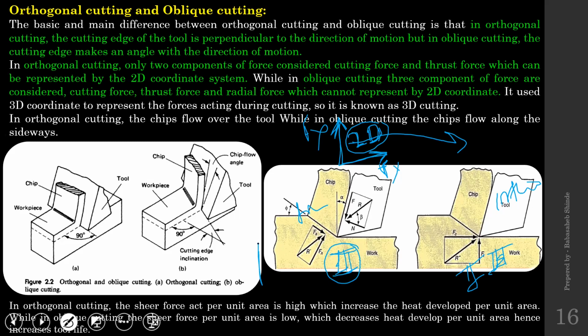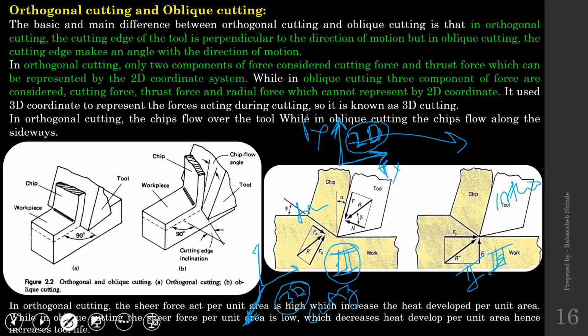So along with x and y, we need to take the help of a third force. So now this becomes a 3D system, because there is now a third dimension that has come into the picture. So oblique cutting is also called 3D cutting.